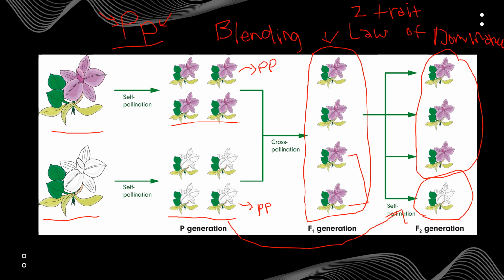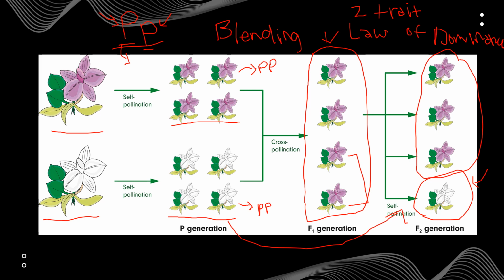So when you're crossing these, you get this 1/4 of the offspring being white, and that would be because when you cross them, you have a 50-50 chance of inheriting each of these letters, like a coin flip. So that would give you around a 1/4 chance of inheriting this white color.